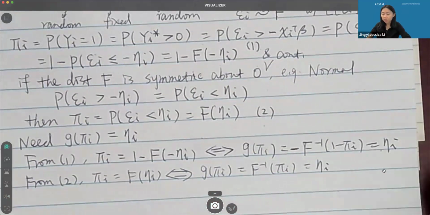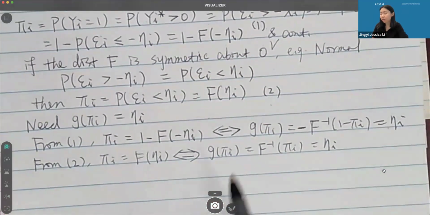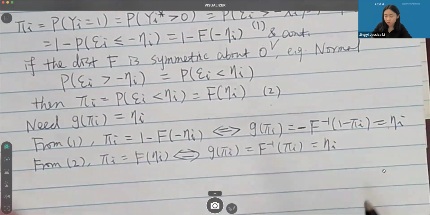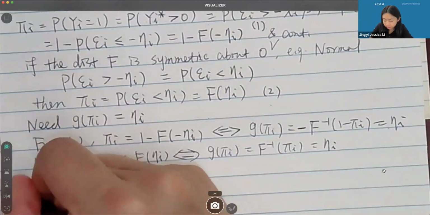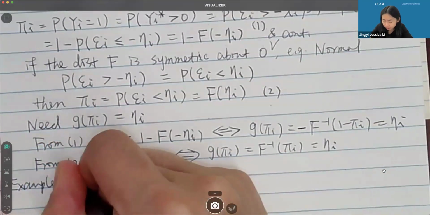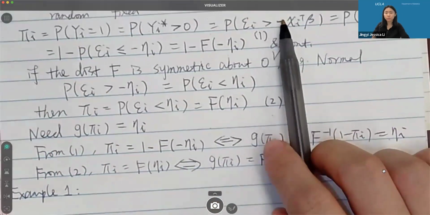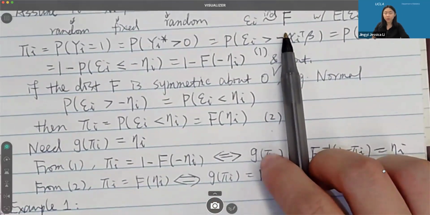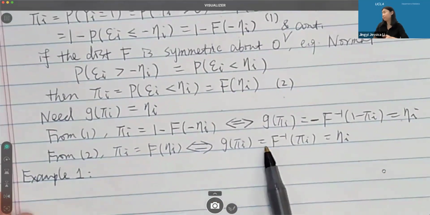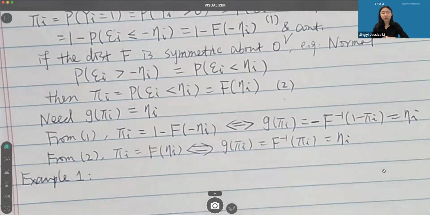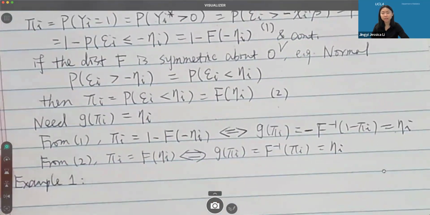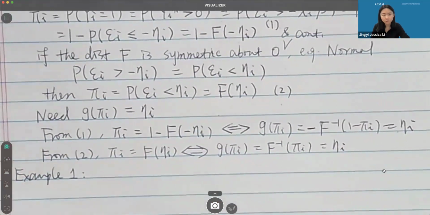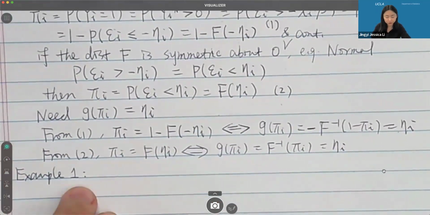So no wonder probit regression is one special case. Let's look at the 3 examples. Depending on how we specify F, the distribution for the error term, we can get the corresponding link function. That's why this latent variable formulation generalizes our discussion of the link function for binary response regression.